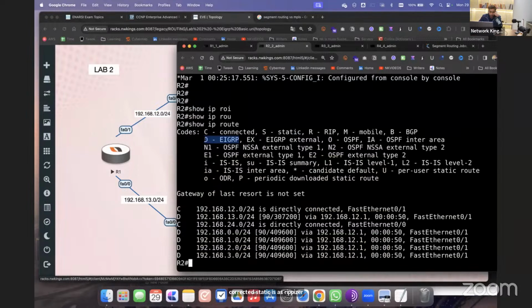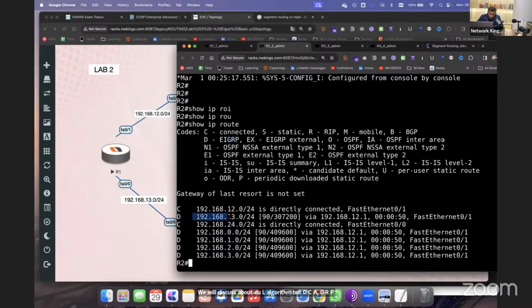Because in very old days there was a protocol, EGP, which is now replaced by BGP. So the E symbol is taken by EGP, which is not used nowadays. That's why EIGRP has the symbol D. D stands for the DUAL algorithm, which prevents loops in EIGRP. We'll discuss the DUAL algorithm. But D means EIGRP.